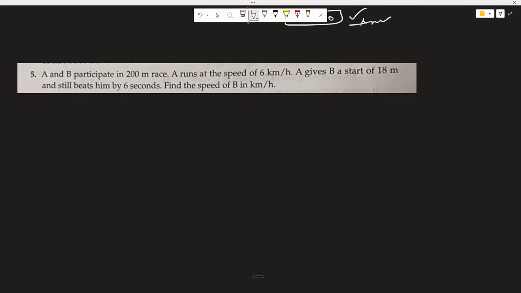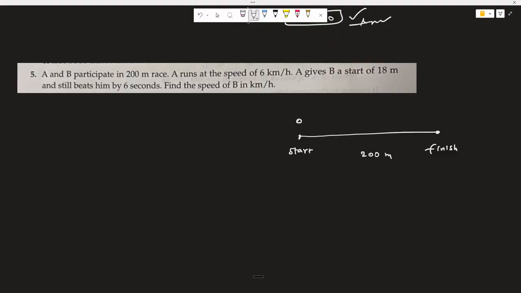Okay, let us design. So this is the starting point and this is the finishing point. The entire race course was 200 meters.